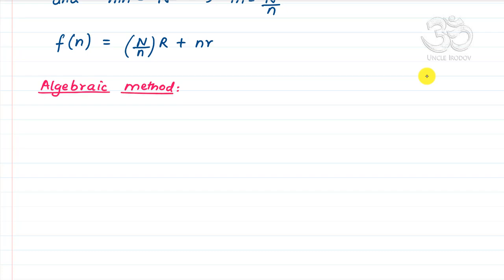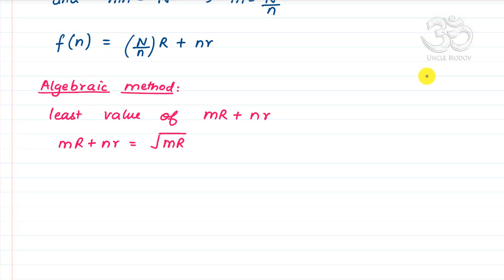We have to find the least value of mR plus nr, and you rewrite this function as mR plus nr is equal to root of mR plus root of nr whole square, minus an extra term that will be 2 times root of mnRr.